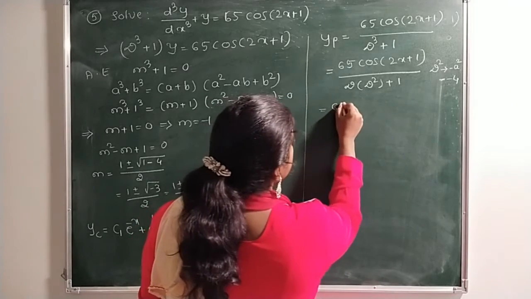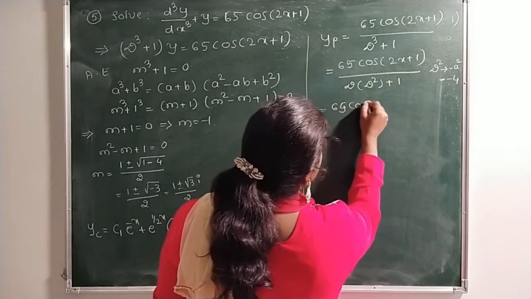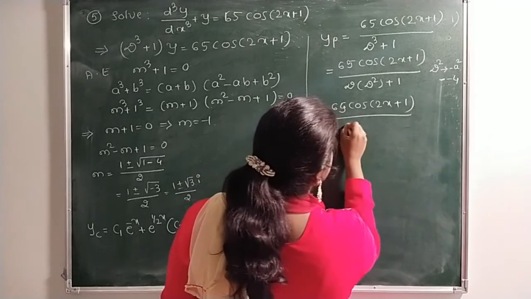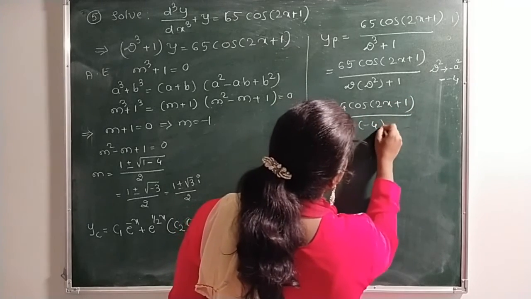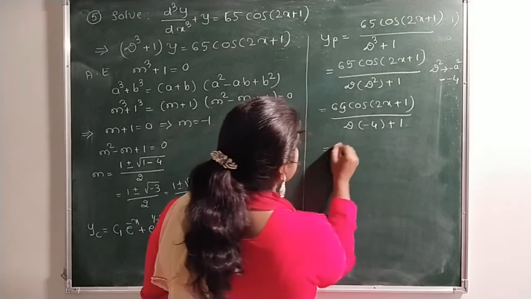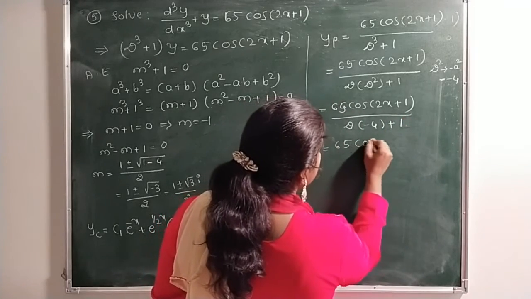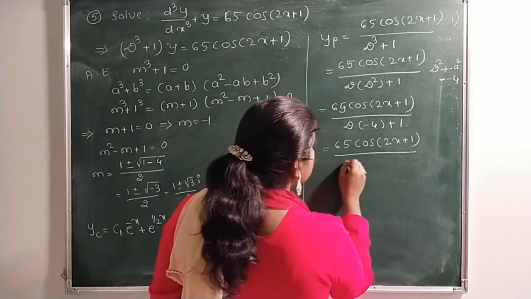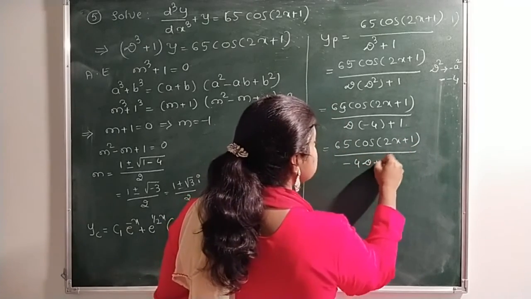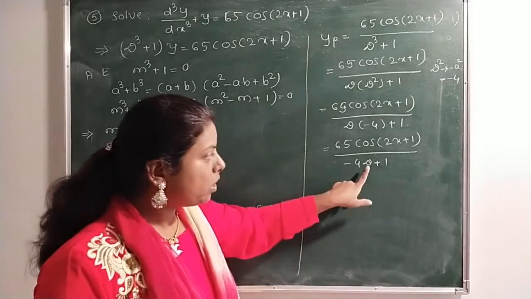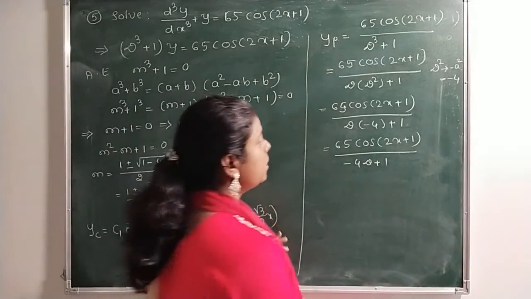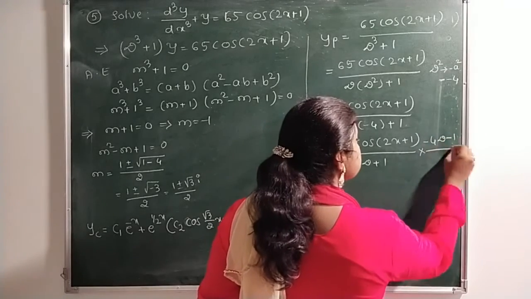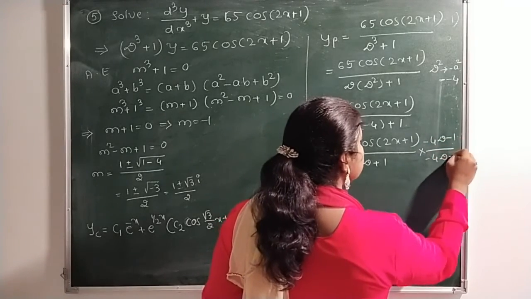It is equal to 65 cos 2x plus 1 divided by D into minus 4 plus 1, that is 65 cos 2x plus 1 over minus 4D plus 1. Again we got a D term, then you have to multiply by the conjugate term of this, minus 4D minus 1.